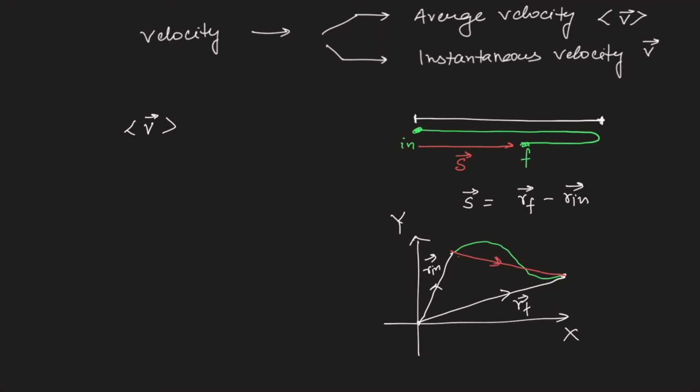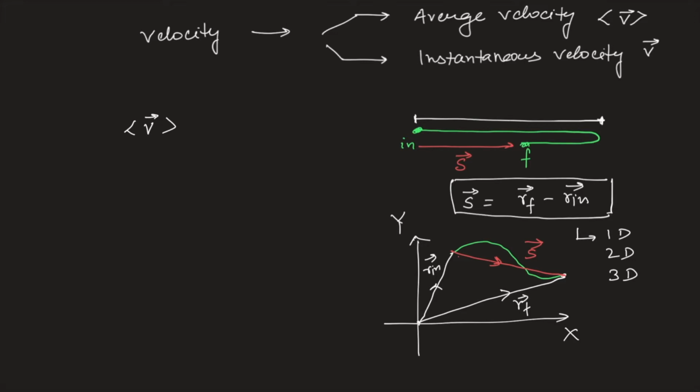This red line represents the displacement, and always, the displacement is equal to final position minus initial position. It can be in 1D, it can be in 2D, or it can be in 3D. That is 1D, 2D or 3D, it does not matter. In any set of dimensions, your displacement will be final position minus initial position.